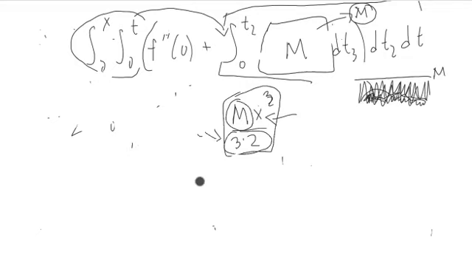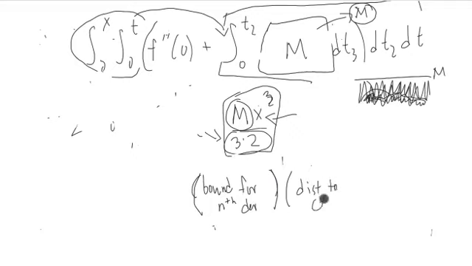What we do is we think bound for nth derivative, a constant bound for nth derivative. Then we take distance to center, and we raise it to the nth power, where n is the same as the derivative you're talking about.